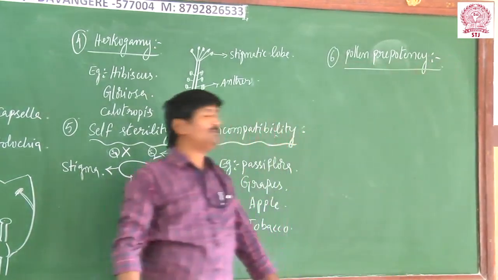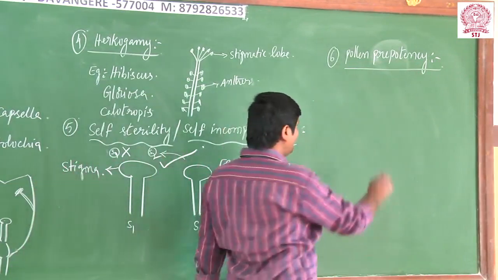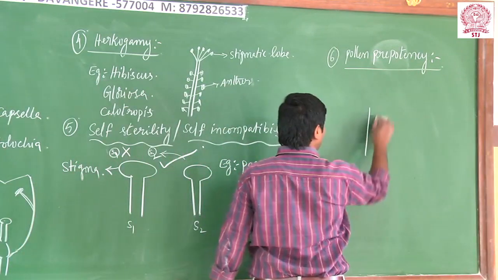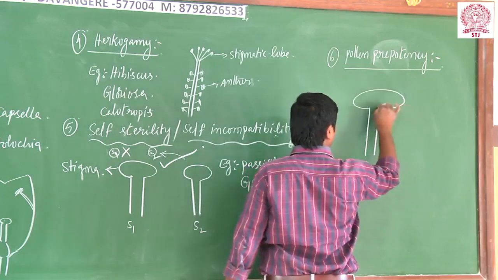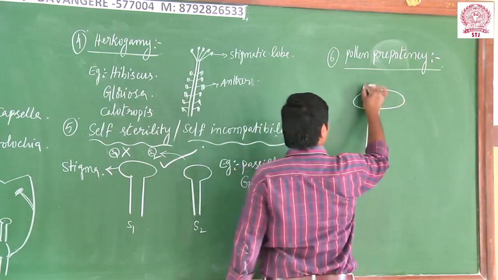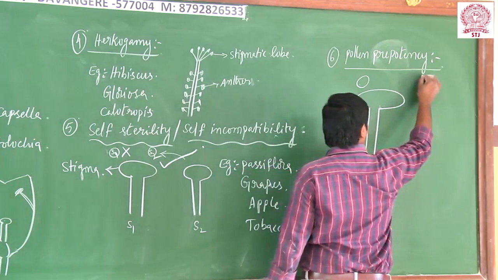Pollen-free potency. What is the meaning here? See here. For example, this is a stigmatic lobe. This is a pollen grain that comes from the same flower.